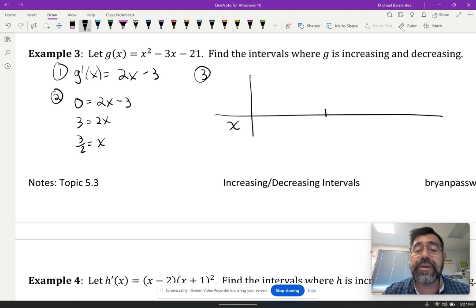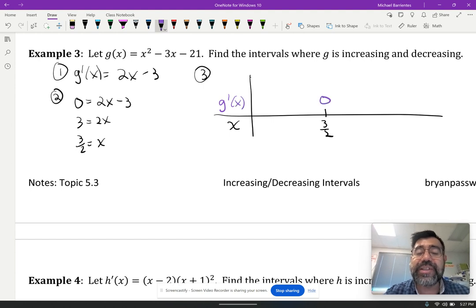So somewhere here is 3 halves. So think of this as your x-axis. However, I know that my derivative is equal to 0 at 3 halves. But now I'm going to check a point on either side of 3 halves.